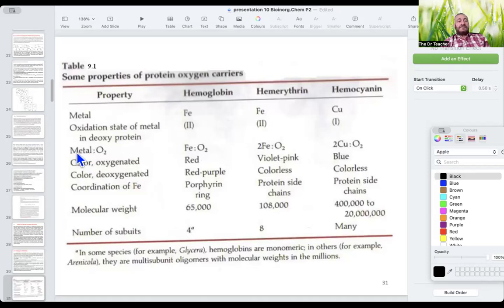The color of the oxygenated form is red, violet, pink, or blue, and hemoglobin, hemerythrin, and hemocyanin each have a different characteristic. Values here depend on the molecular weight, number of subunits, and oxidation state for each, and there is iron 2 in hemoglobin, iron 2 in hemerythrin, but copper 1 in hemocyanin.